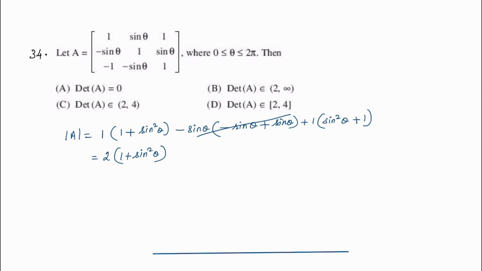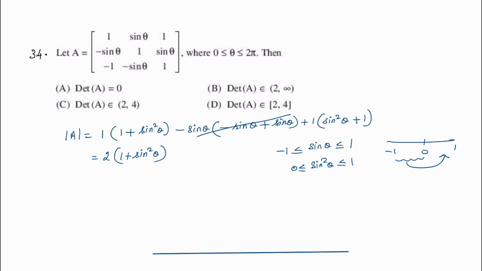We know that minus 1 less than or equal to sine theta less than or equal to 1. The range of sine function is closed interval minus 1 to 1. Now when we square it, it becomes 0 less than or equal to sine square theta less than or equal to 1. Because when we square, all these real values will become positive. Therefore, the range for sine square theta is closed interval 0 to 1.